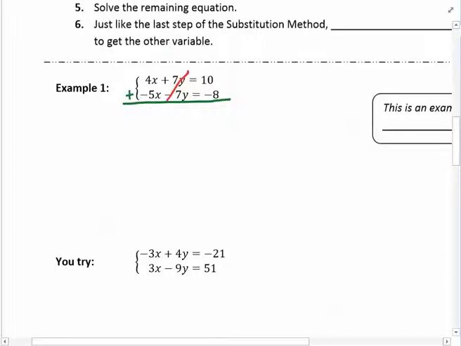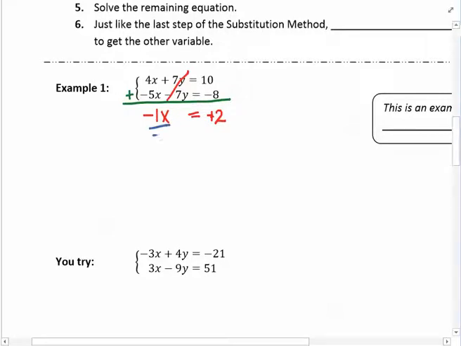If I add what I have left, I have 4x and a negative 5x, that's negative 1x. You bring down the equal sign, and then 10 minus 8 is positive 2. This is an equation that doesn't have two variables, it has one variable. And that means that I can solve it.